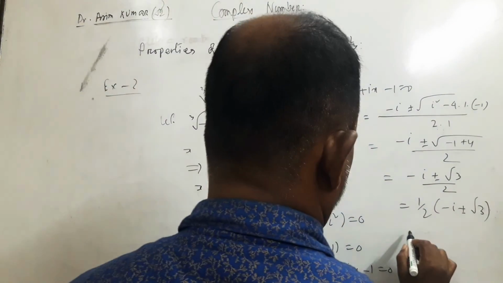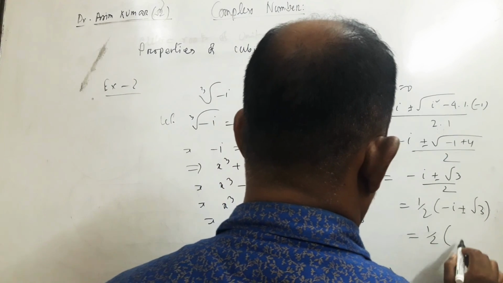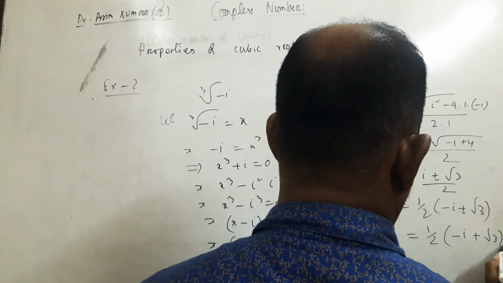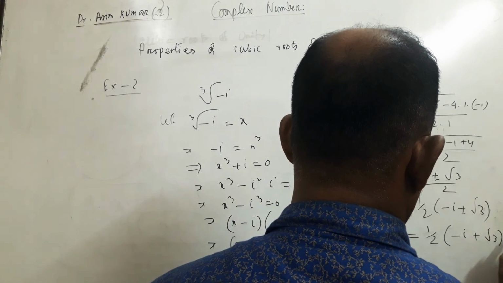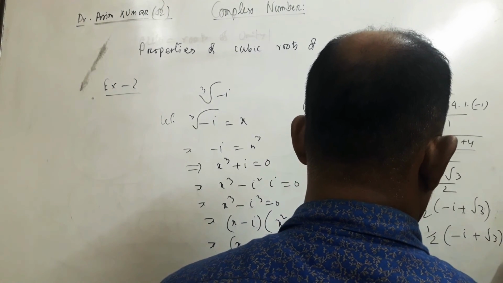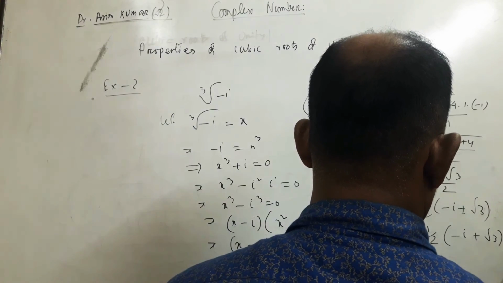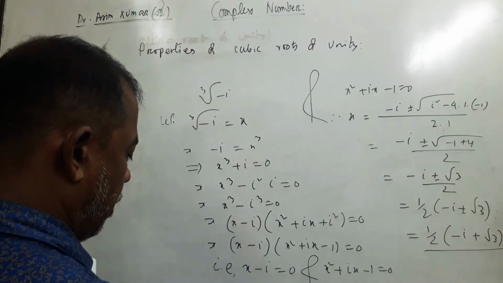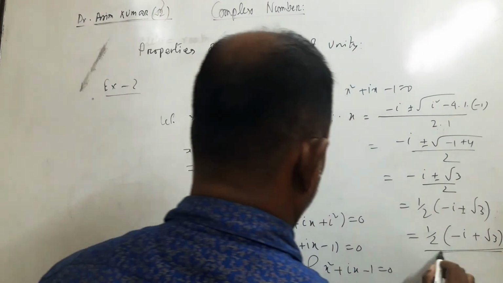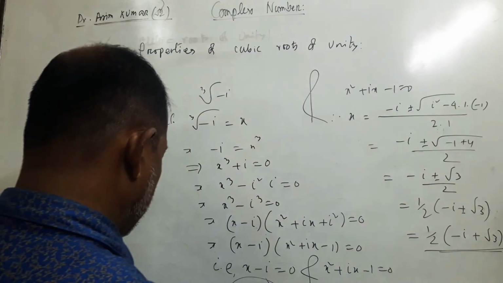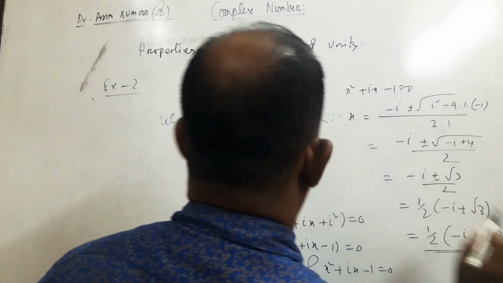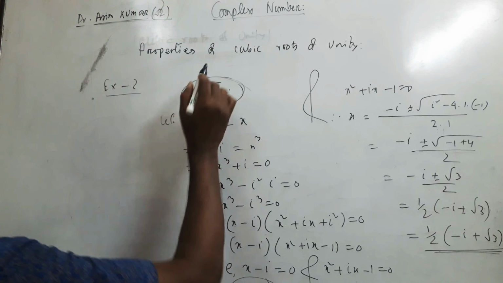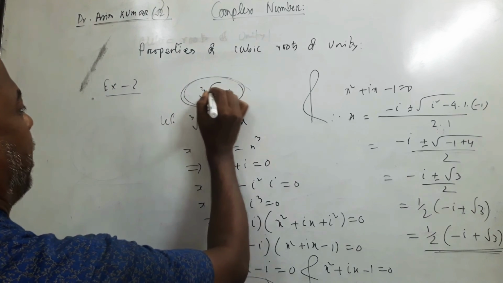Separately, that is half into i root 3 minus i, and half into minus i minus root 3. This is the second root and third root. So the first root, second root, and third root are the solution of the cube root of minus i.